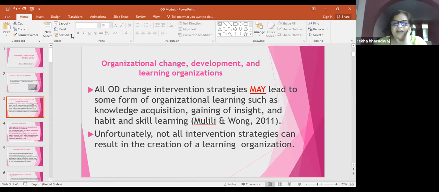All OD change intervention strategies may lead to some form of organization learning, such as knowledge acquisition, gaining of insight, and habit and skill learning. Unfortunately, not all intervention strategies can result in the creation of a learning organization.